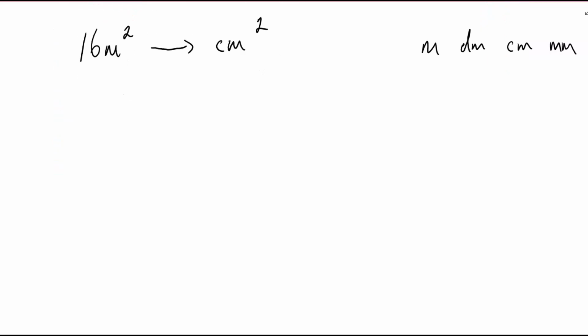All right, now I'd like to look at an area unit, meters squared to centimeters squared. So the power of 2 means that there's a conversion between meters and centimeters, but done twice. And so let's take a look at why. If I have a square here, and this square measures 4 meters by 4 meters.